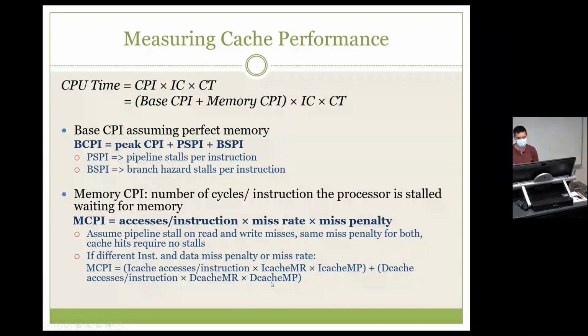Again, you can be given the data cache miss penalty, or you may need to calculate it. So say you're given how much time it takes to fetch the data from main memory, and you're given the cycle time of the processor. Then you can calculate how many cycles it takes for that data to get loaded. That's your penalty.